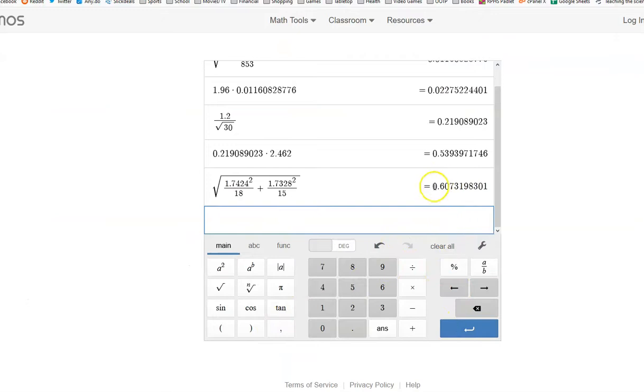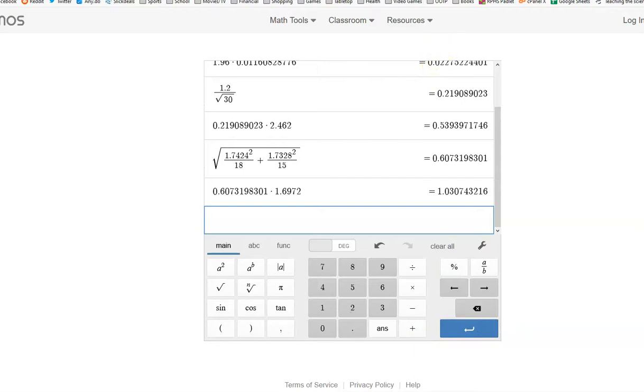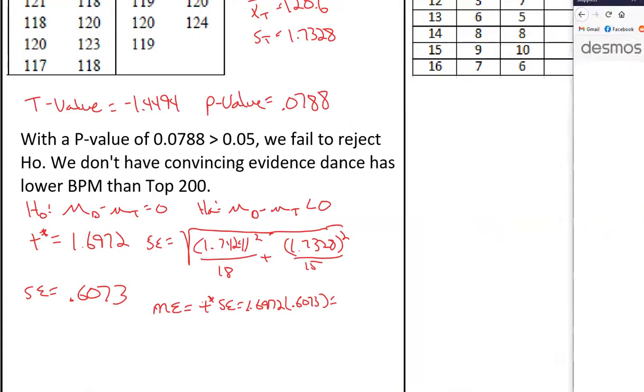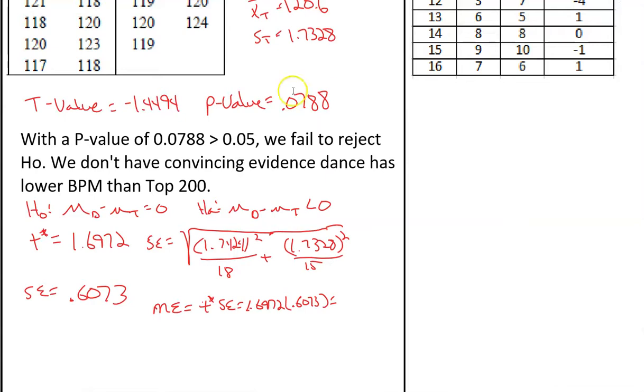So I'm going to take that number and calculate it times 1.6972, which was the t-value I got, and I get 1.0307. That would be my ME. And there's my SE. And there's my ME.